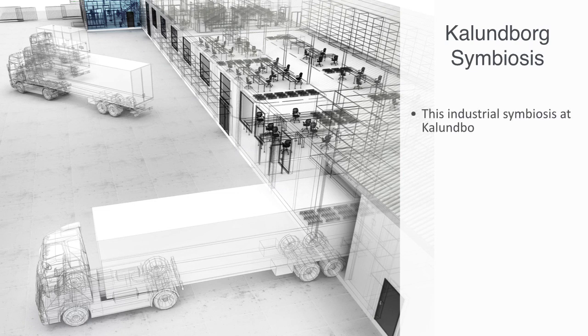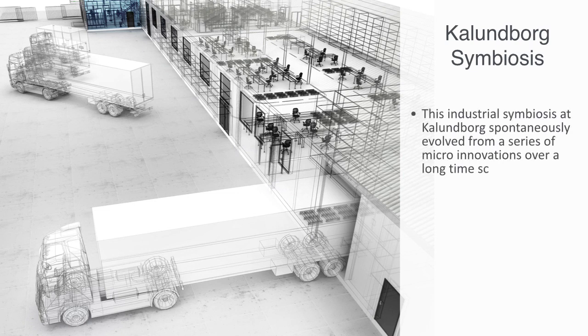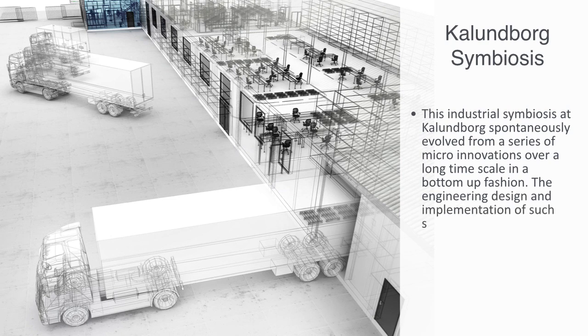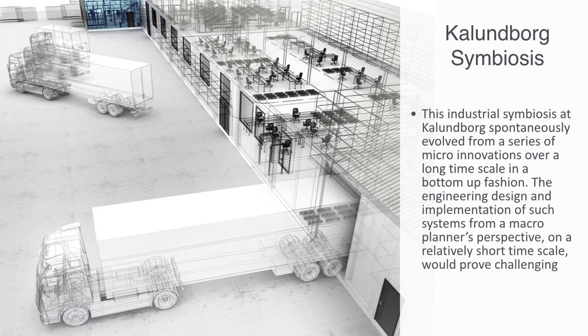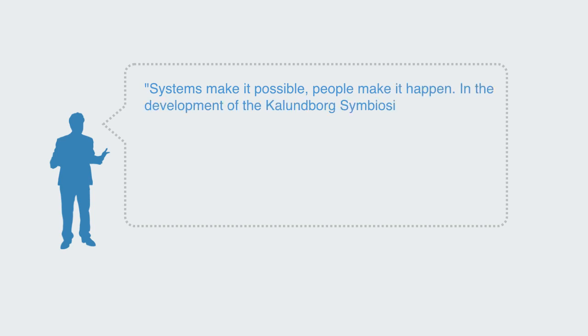The industrial symbiosis at Kalundborg spontaneously evolved from a series of micro-initiatives over a long time scale in a bottom-up fashion. The engineering design and implementation of such systems from a macro planner's perspective on a relatively short time scale would prove highly challenging. As the Kalundborg Symbiosis organization itself said, systems make it possible, people make it happen.